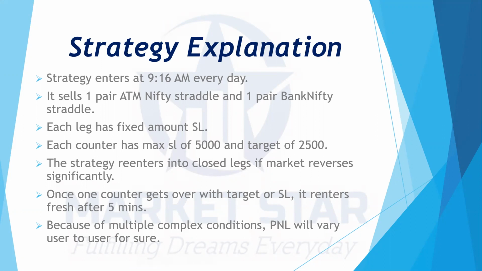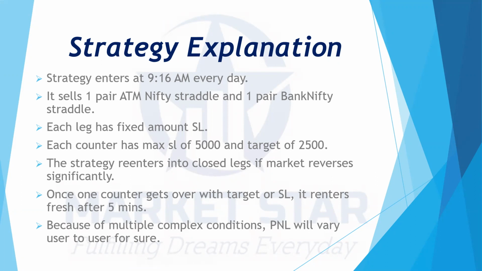User B, depending on the premium he got, his profit is 2395 rupees. So his target has not yet been done. So for him the second entry has not been done. The second entry will be done only when your first counter is closed.